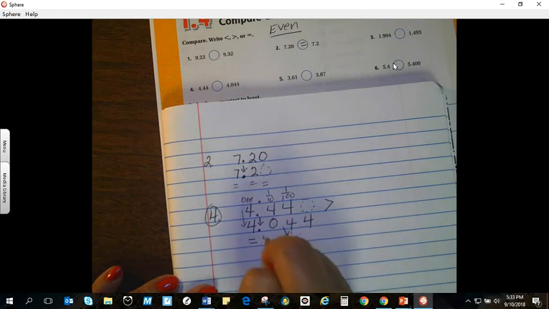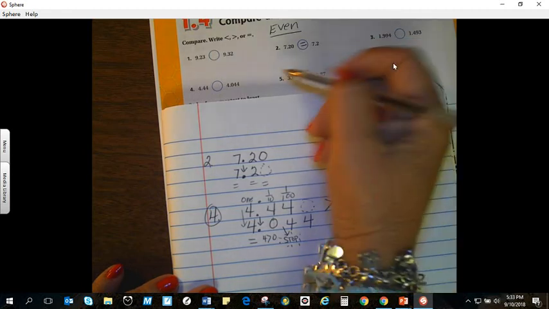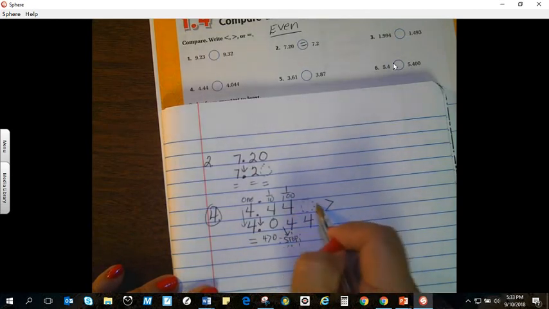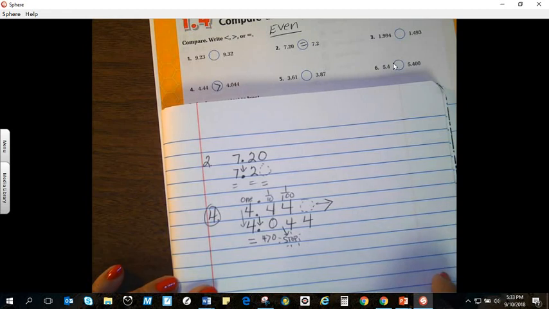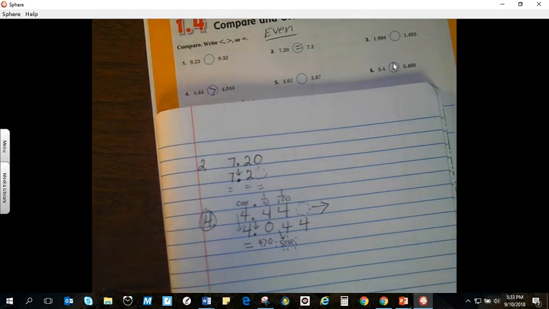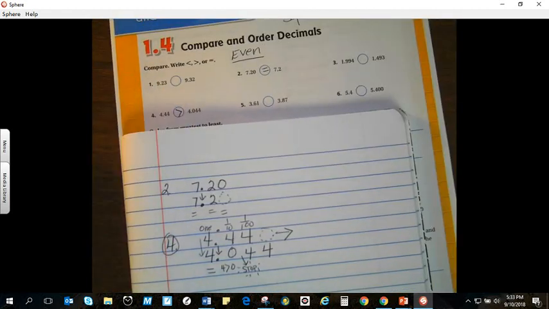So 4 is greater than 0. And look at this one here: 4 and 44 hundredths is greater than 4 and 44 thousandths. Does that make any sense to you? At any time, don't forget to pause the video, process it, and then move forward.